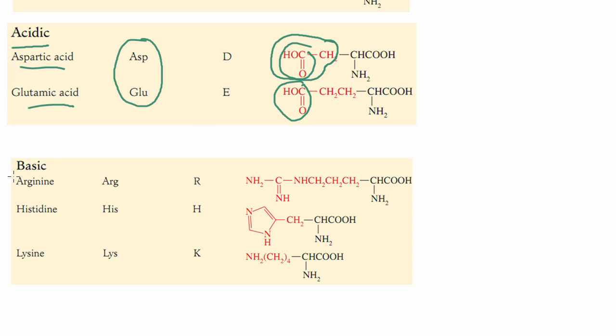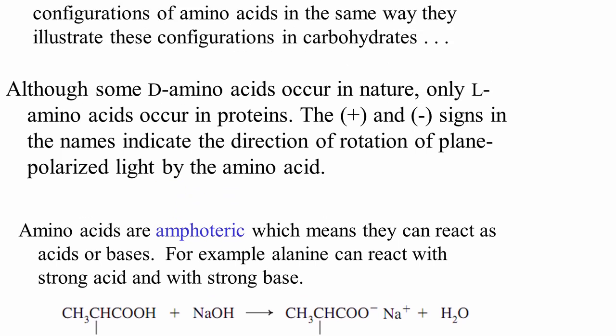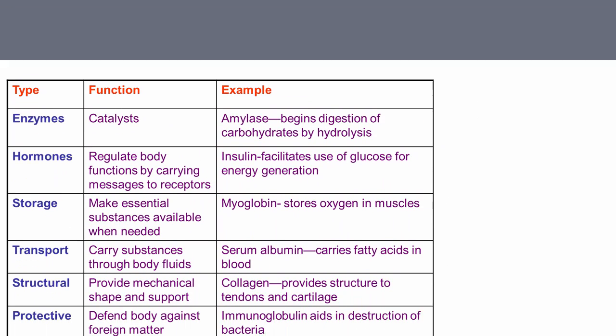And then our basic amino acids, we have 3 of them here, and we have the amine nitrogens in each of the side chains, which makes them basic. So make sure that you look at that table and get to know it.